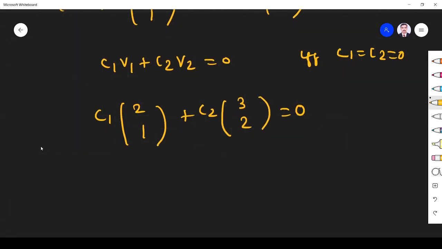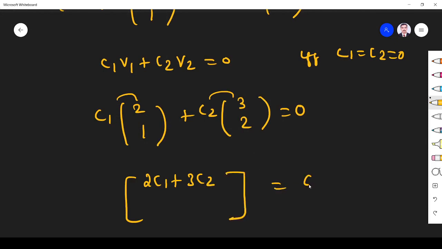If you simplify, what will happen? 2c1 plus 3c2 equal to 0, and 1c1 plus 2c2 equal to 0. Right?